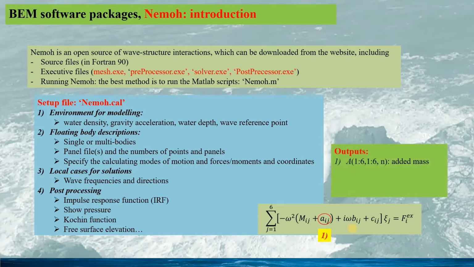Nemo could provide the added mass, Aij, the damping coefficient, Bij, and the wave excitation, Fexi, while the mass matrix and the stiffness coefficient must be calculated based on the floating structure.